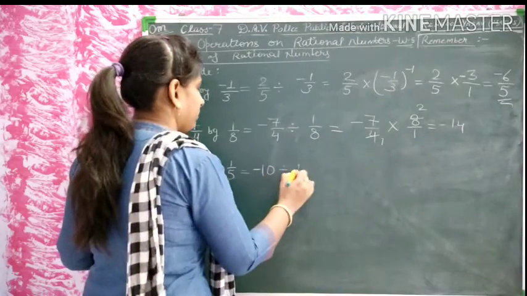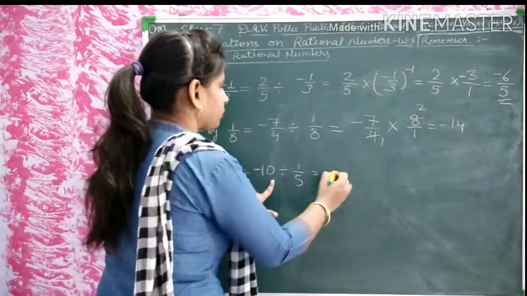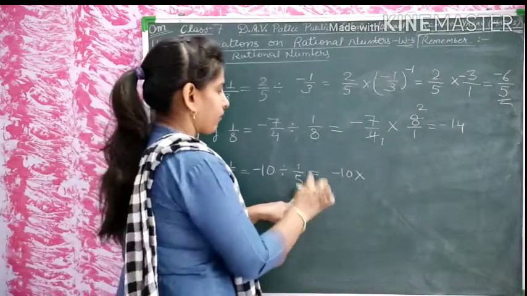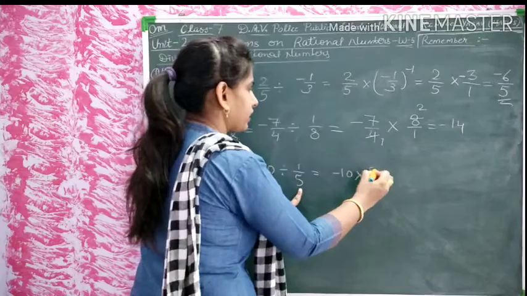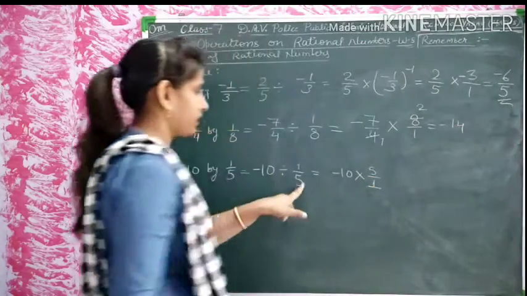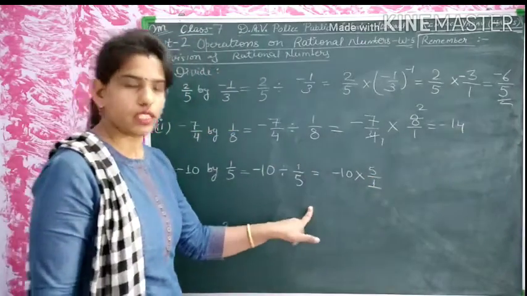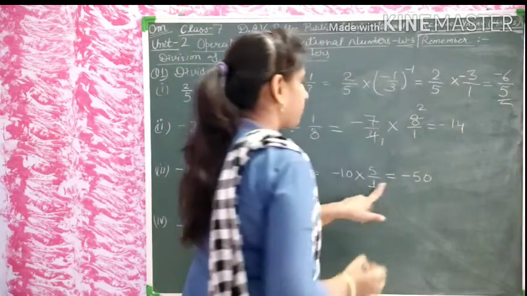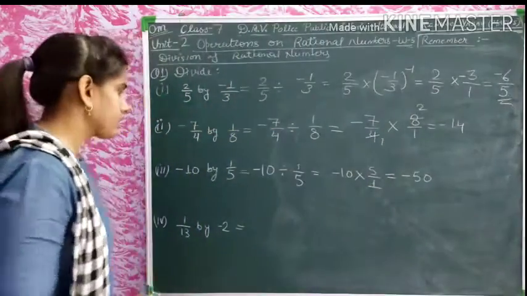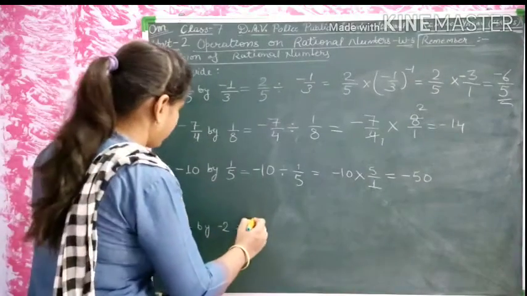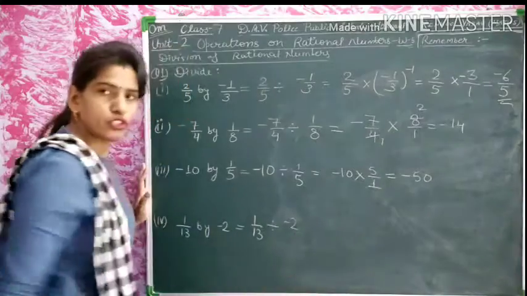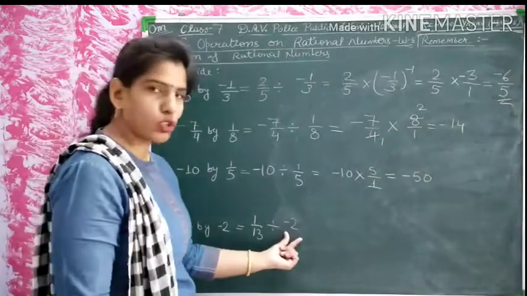Minus 10 divided by 1 by 5 equals minus 10, divided changes into multiply, and the numerator becomes the denominator and the denominator becomes the numerator. It will be the opposite. Now this becomes minus 50 divided by 1, that is minus 50. Now we will do 1 by 13 divided by minus 2. We take the reciprocal of this number.